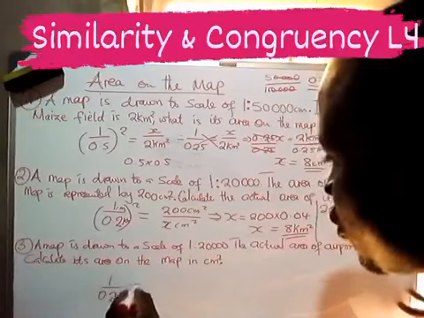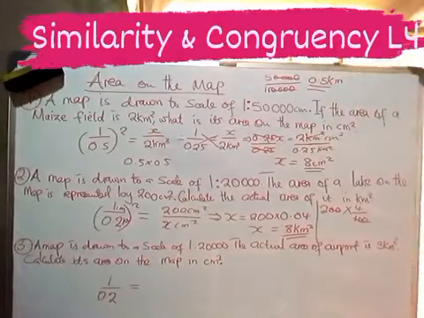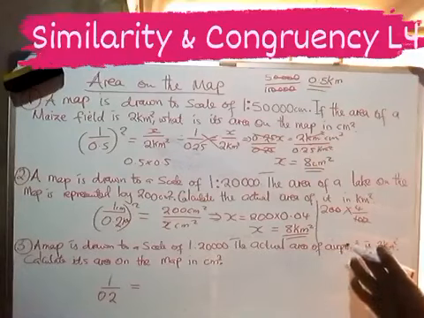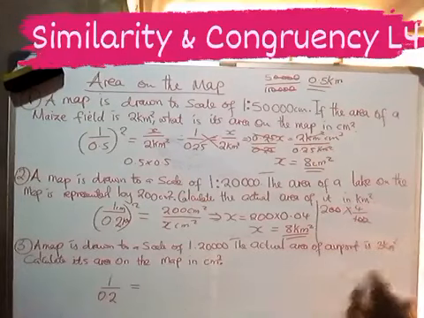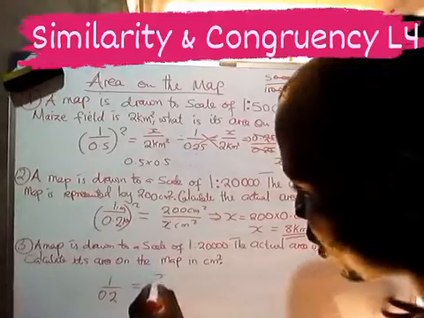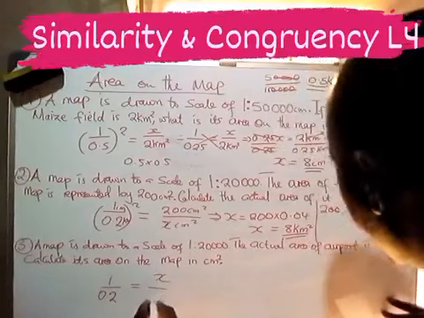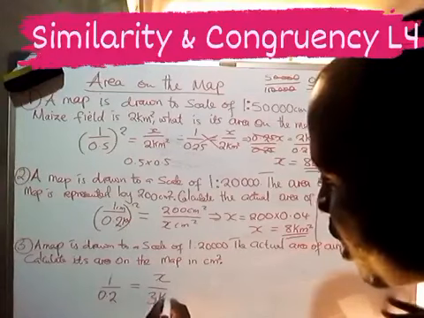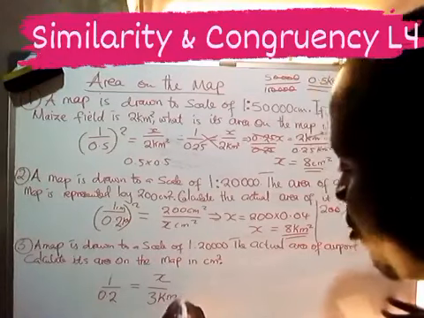So it is equal to, what have we been given? The actual area is 3 kilometers squared. What we don't know is x over 3 kilometers squared.